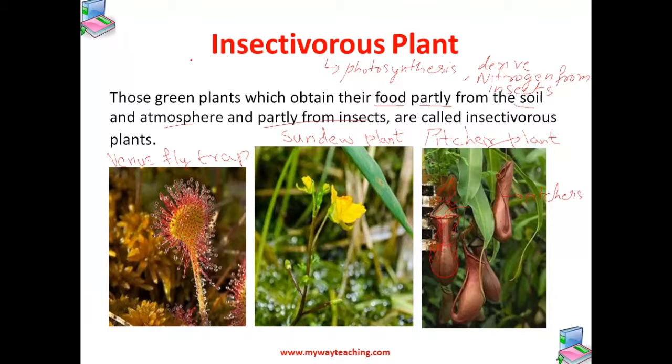In other words, we can say that these insectivorous plants are partially heterotrophs.